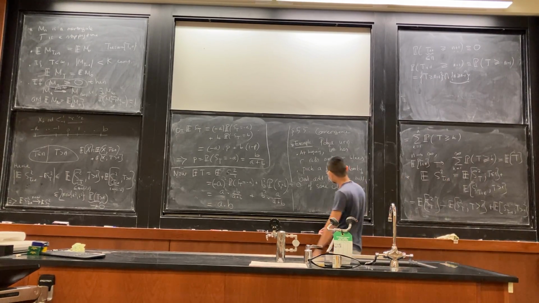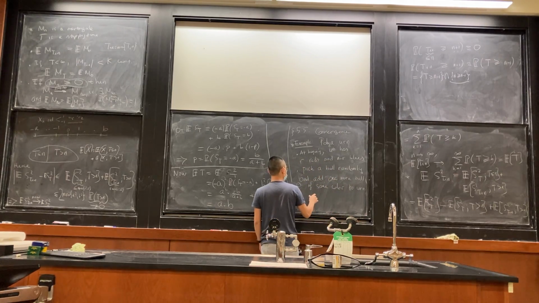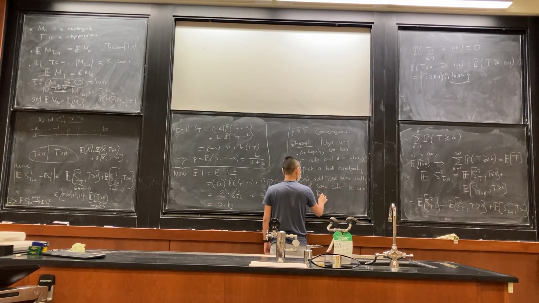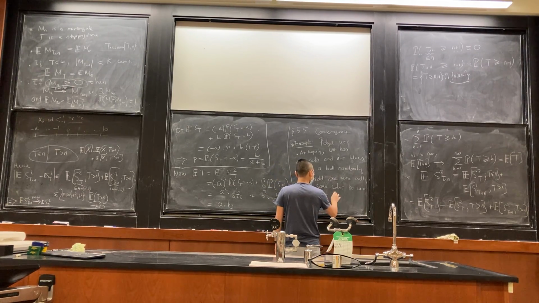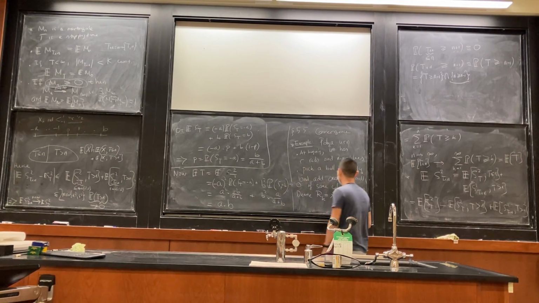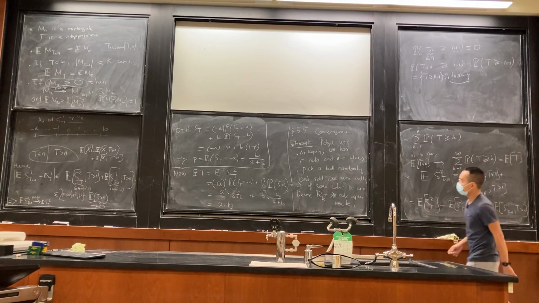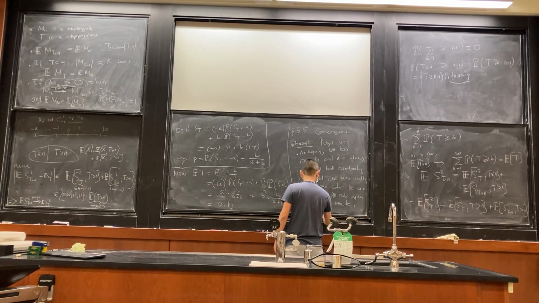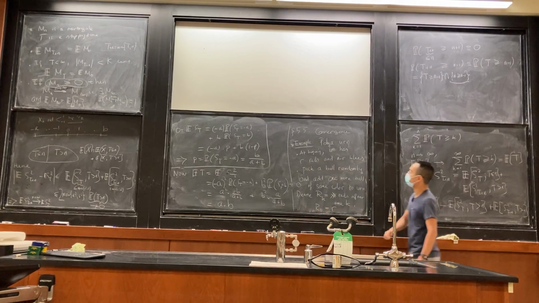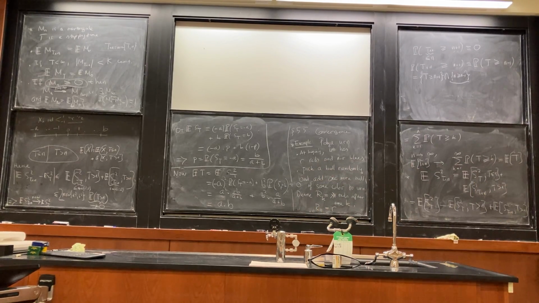So what next here? Let me denote by R_k the number of reds after time k. Of course, R_0 at time 0 is just little r.